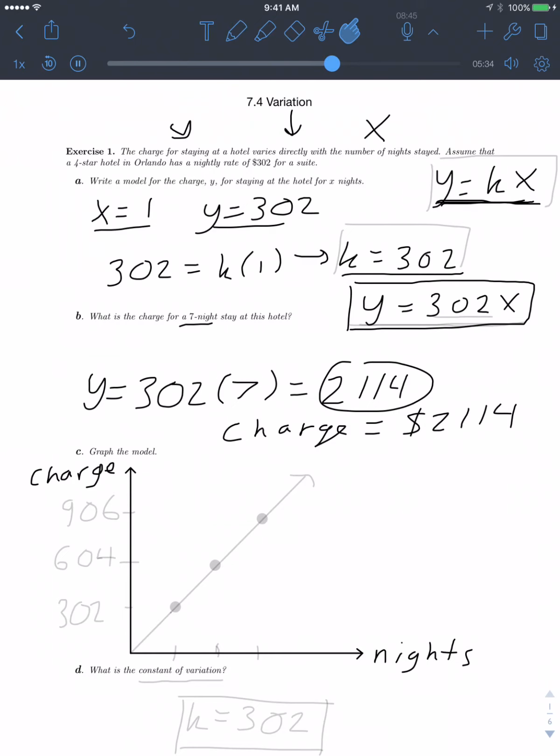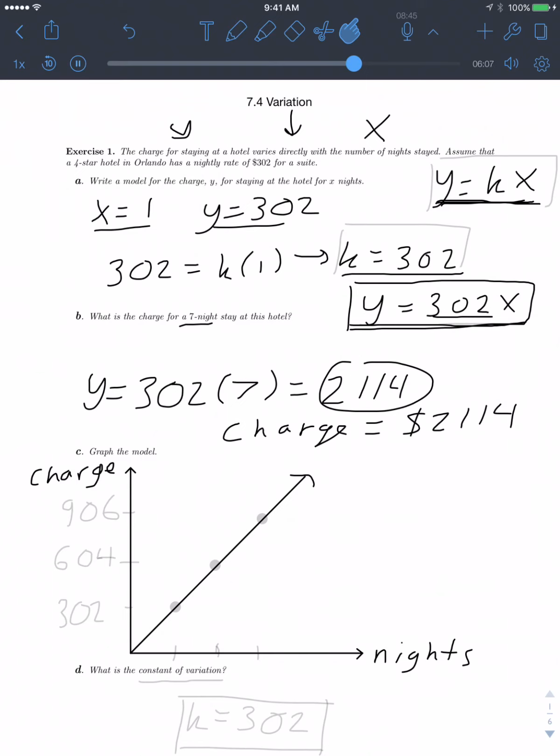Now going back to the model that we found in part A, we have y equals 302x. That is a linear model with a slope of 302 and a y-intercept of 0. So we can start our line at 0, 0, and our slope is positive, so this should be an increasing line.